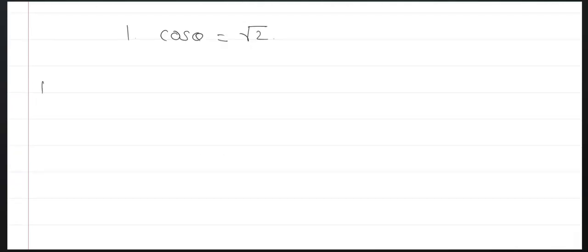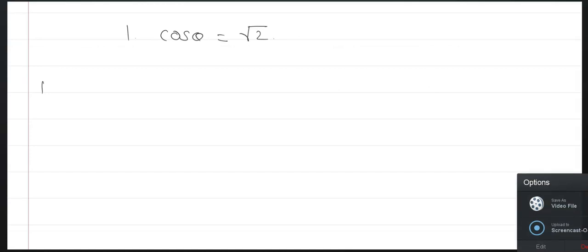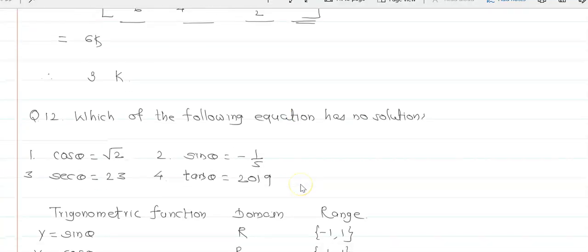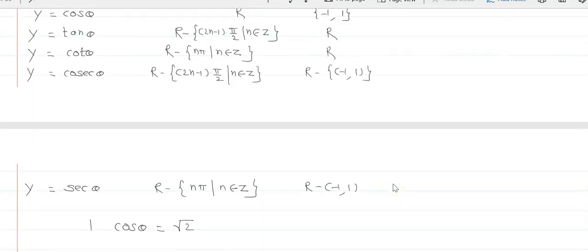Therefore, the first, cos theta equal to root 2: the values of cos theta lie between minus 1 and plus 1. Therefore, this is not a possible value. So this has no solution. This is the table which is given.